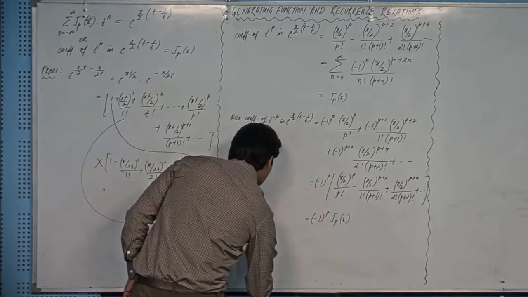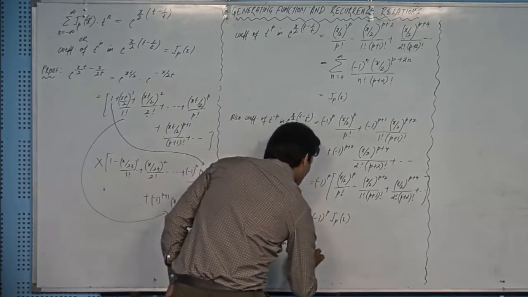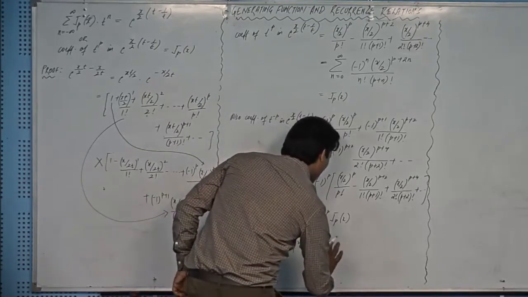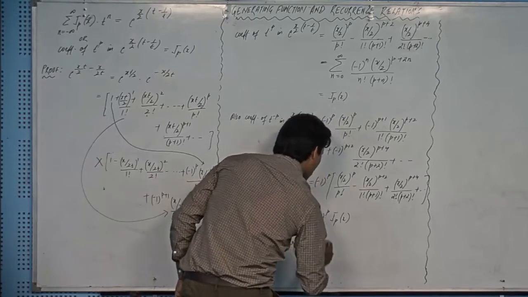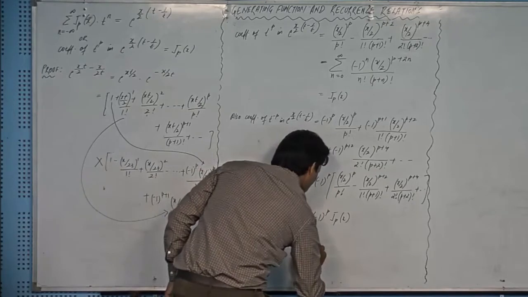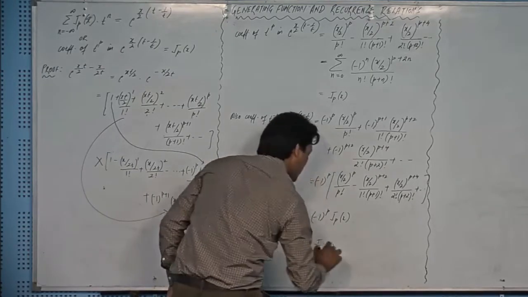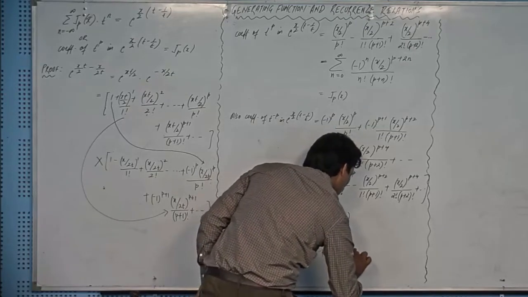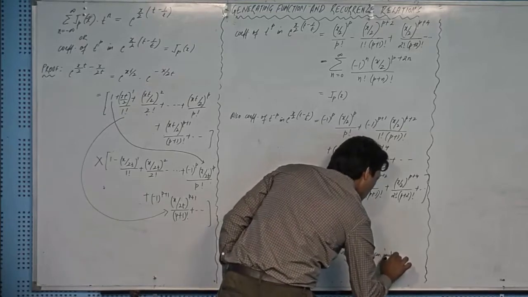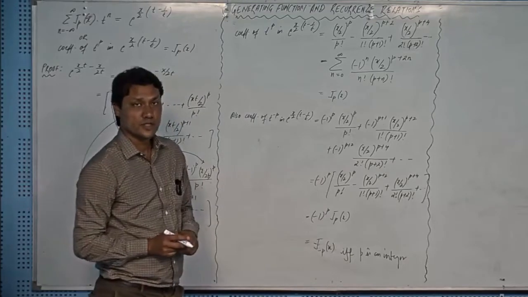So if p is an integer, then this is the coefficient, and the answer is equal to J of minus PX if and only if p is an integer, right? So this replacement is possible if and only if you consider p is an integer.